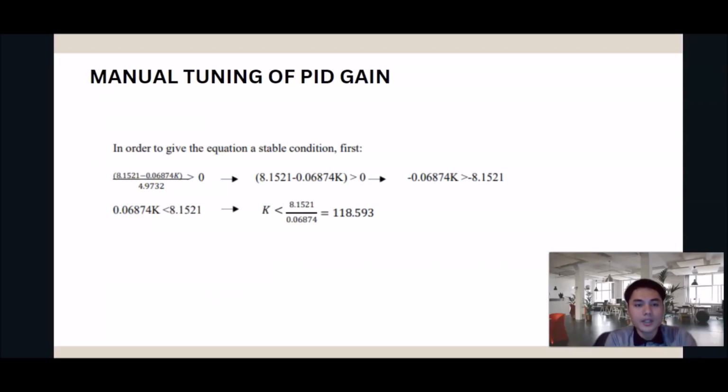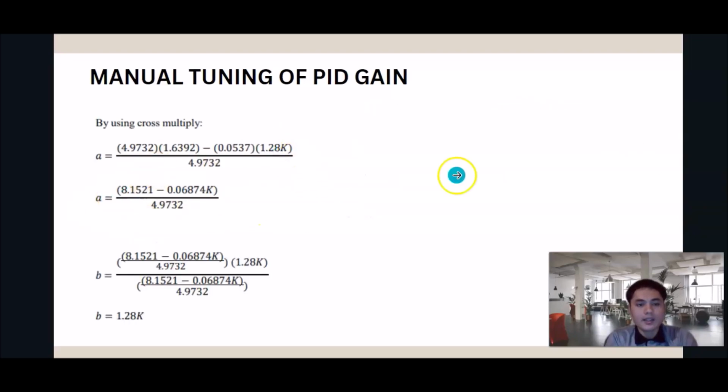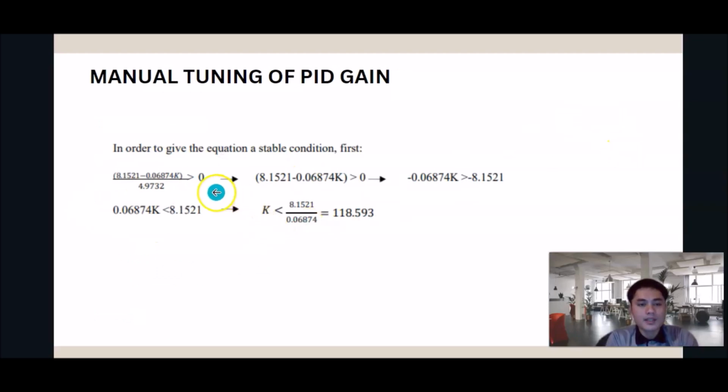In order to give the equation a stable condition, first we take the value of A, again back here, A is bigger than 0. Then when we simplify it, we put 4.9732 to the other side, so it becomes 0. Then we simplify it again, we put 8.1521 to the other side.